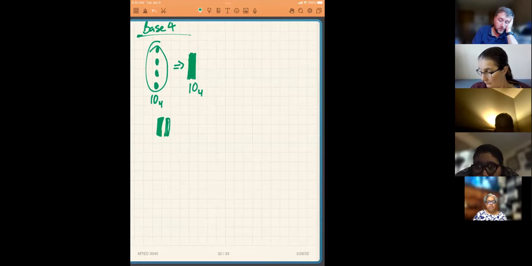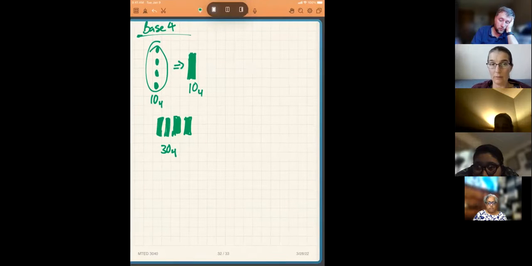We have 2 of those sticks. We have 3 of those sticks. This is 3, 0 base 4. If I add another one of those sticks, that becomes not 3, 0 base 4, but 1, 0, 0 base 4.